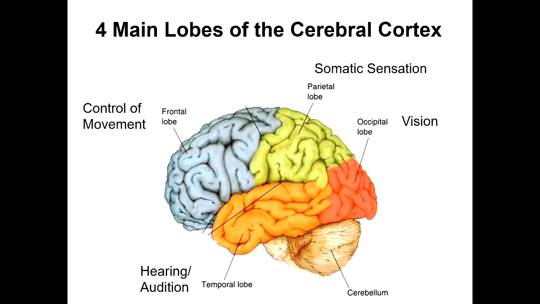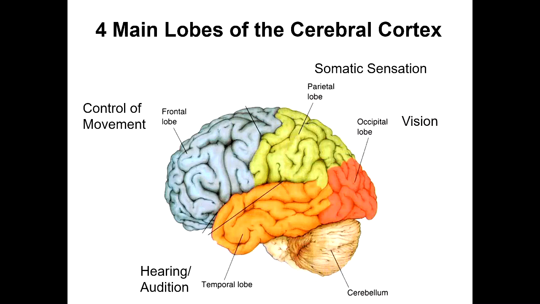Okay, so this is a version of a picture that I showed you in the previous lecture. It's just a reminder that the cerebral cortex comprises 4 main lobes. We've got the frontal lobe here in blue, the parietal lobe here in green, the temporal lobe here in orange, and the occipital lobe here at the back in red.